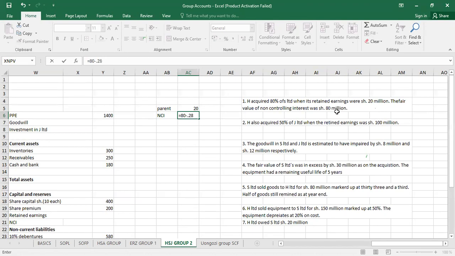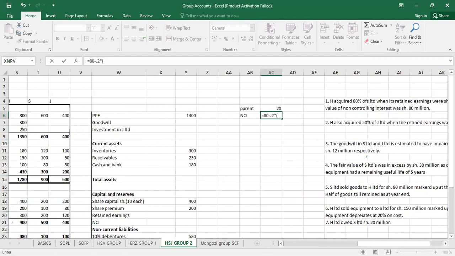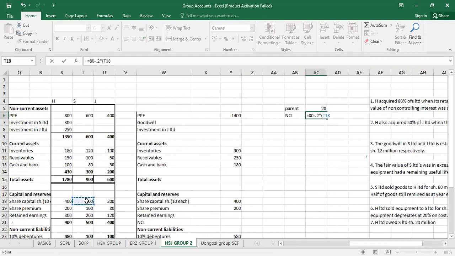You multiply by, you open your brackets, share capital plus share premium plus 20 pre-acquisition retained earnings plus 30 revaluation. Control enter, 10.